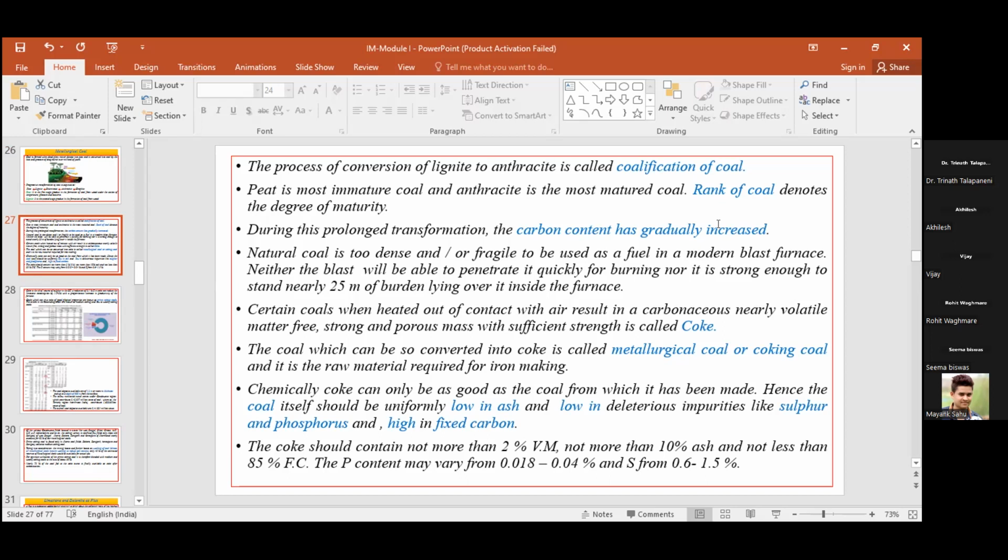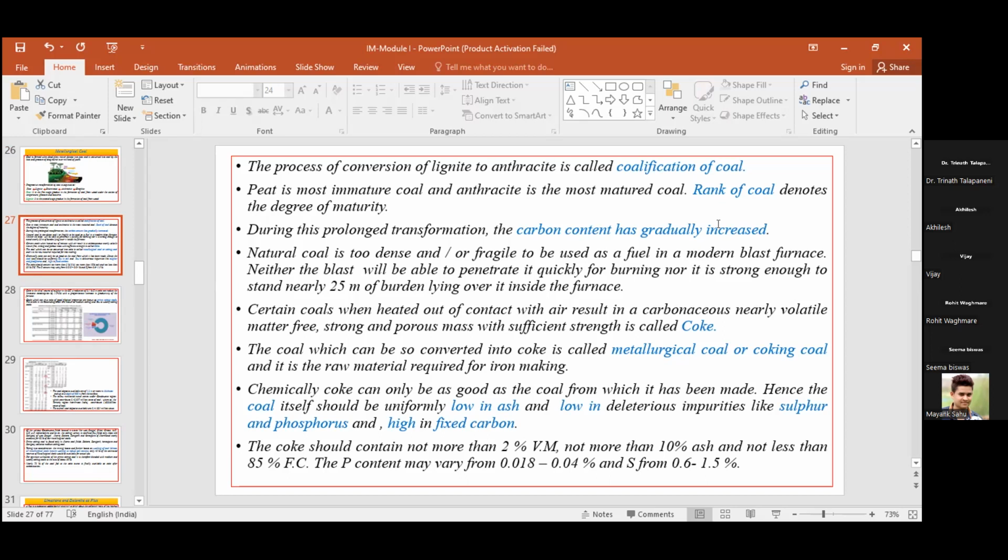Great porosity. So this property is very important for the fuel which you are using inside the blast furnace. It should be highly porous and should have a good amount of carbonaceous matter.